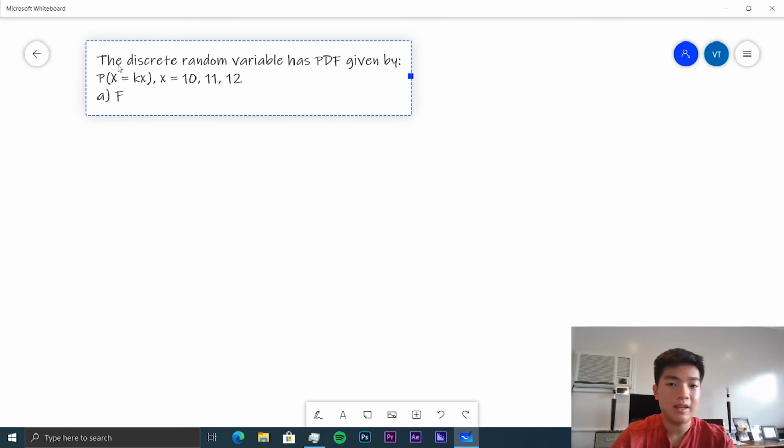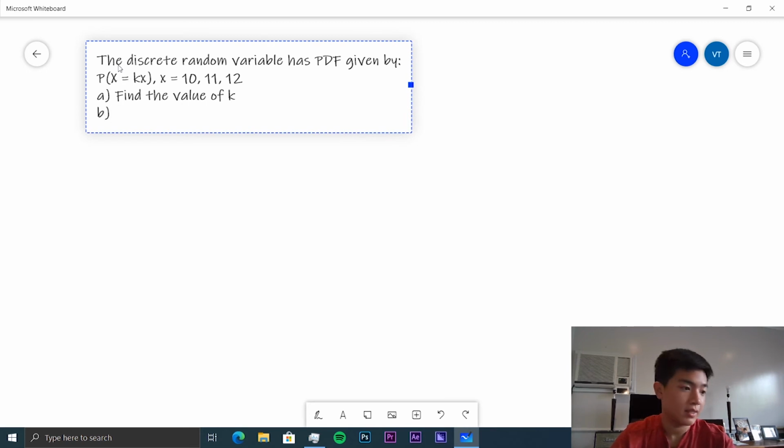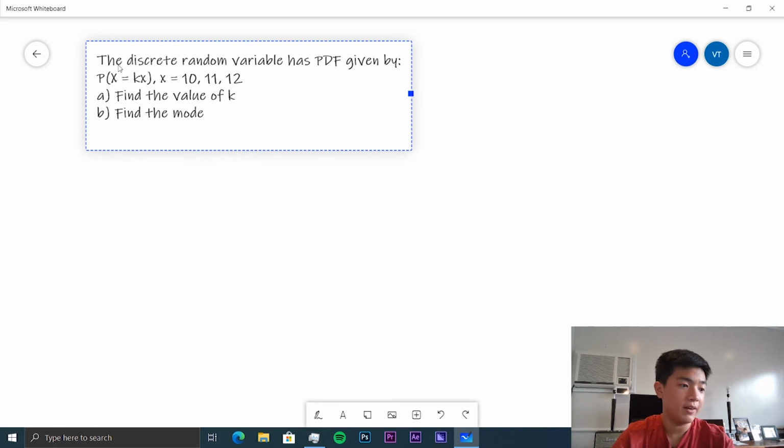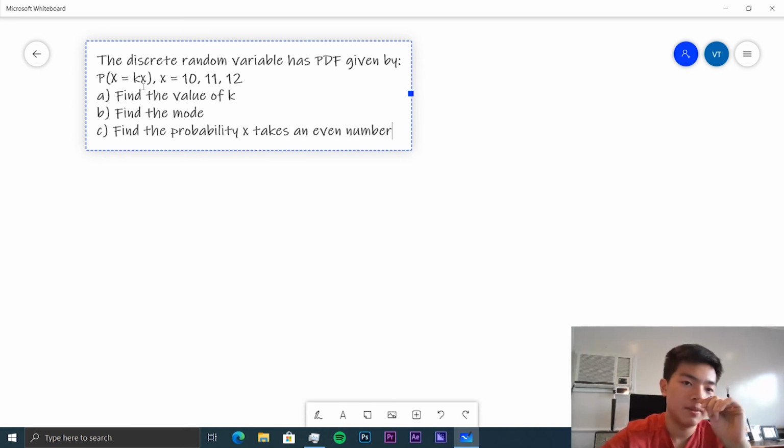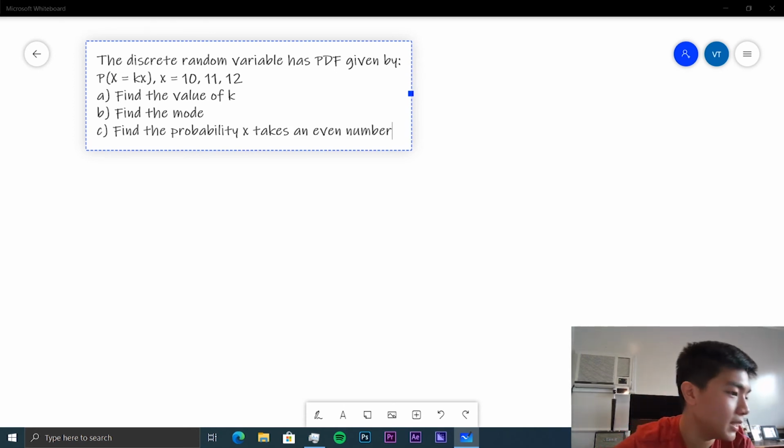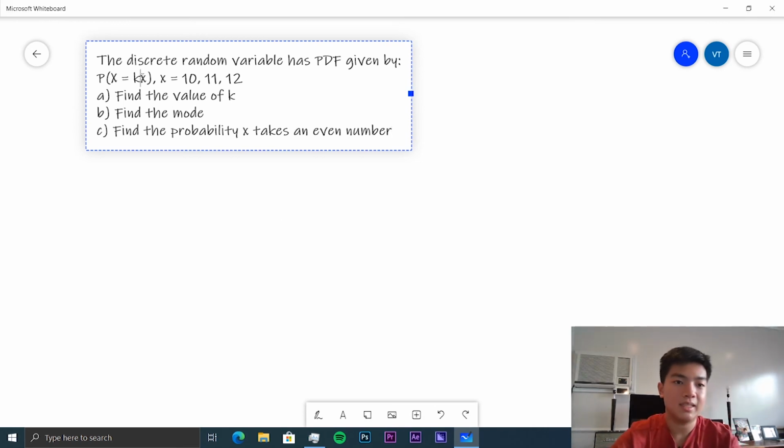First, find the value of k. Next, find the mode. And finally, find the probability that x takes an even number. Okay, so what they mean actually is the probability that X equals x is equal to kx.